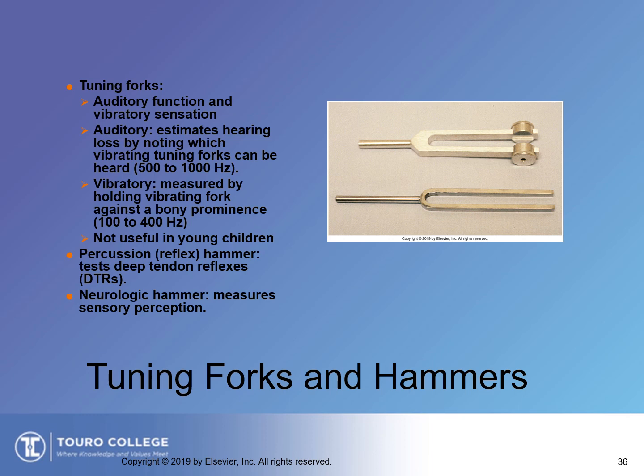In young children, they don't work so well. Other things that aren't shown here are percussion hammers and a neurologic hammer, which measures sensory perception. All things that you need to consider having in your toolkit.